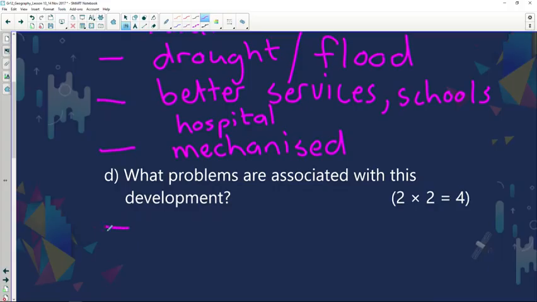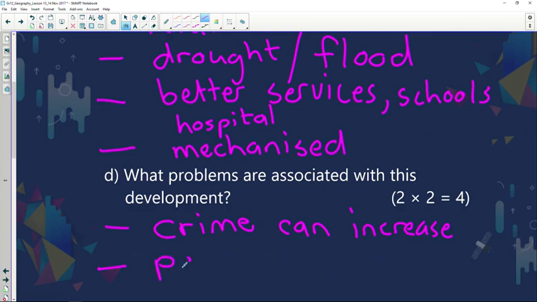What problems are associated with this development? Remember, there's a great influx of people moving to these urban areas. All of a sudden, many of them will be unemployed because they don't have the necessary skills to work. What can happen? Crime can increase. Because there's a lack of services such as sewage and clean drinking water, pollution will increase.